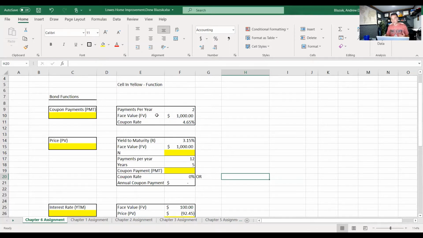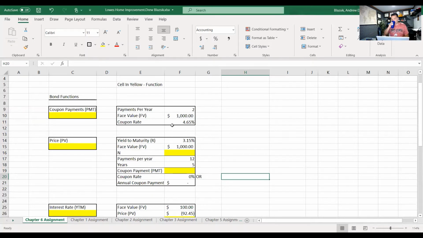Face value. What is face value? Face value is the amount that you get back at the end of the loan. So say you purchase a bond for $800, the face value is the future value, same thing, that they're going to pay you at the maturity at the end of the bond, which could be a year from now, 10 years from now, 20 years from now. But that's the future value.